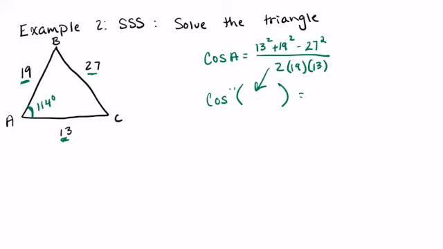And so now I need to find another side. Well, again, I'm going to just use the law of cosines here because that's what this video is about. So I'm going to take the law of cosines, included sides. So we have 13 squared plus 27 squared minus the opposite side squared all over 2 times my included sides.